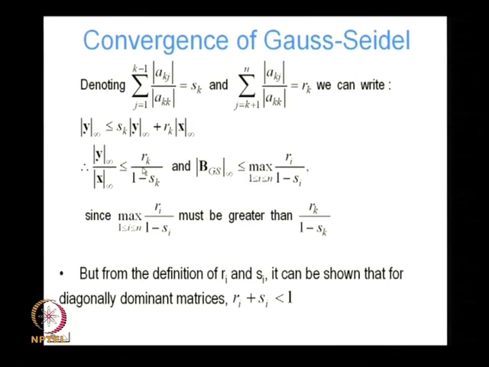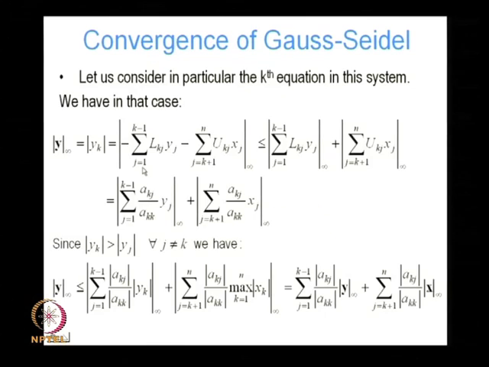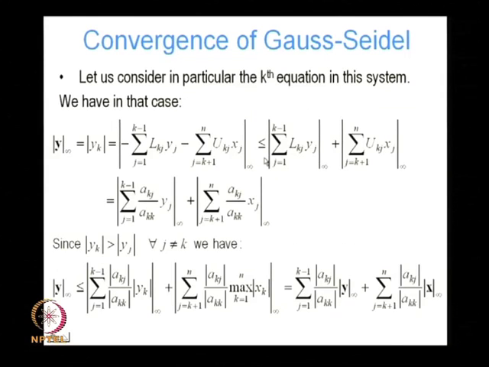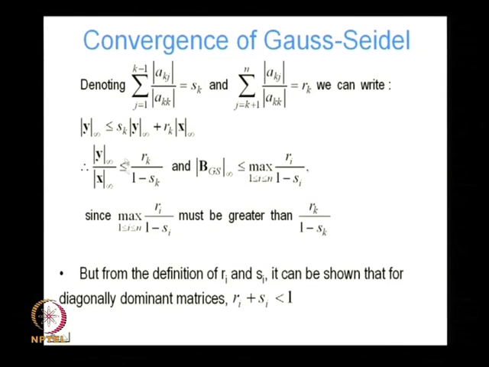And recall that we said that the infinite norm of BGS is equal to the maximum of the infinite norm of y by the infinite norm of x. So, we can write that BGS is lesser than or equal to the maximum of Ri by 1 minus Si, i equal to 1 to n, right, because this is equal to that, and we saw that it was the maximum over this.